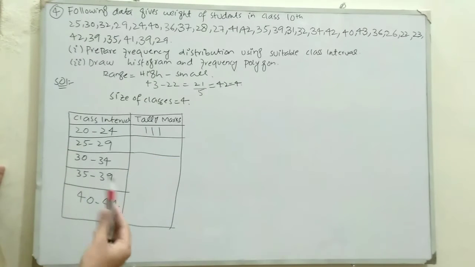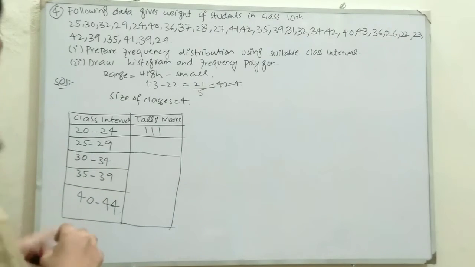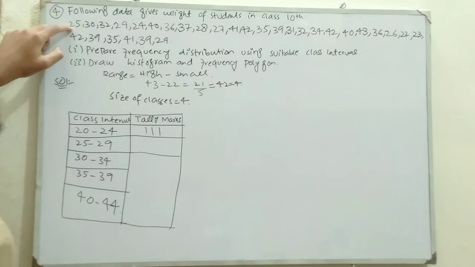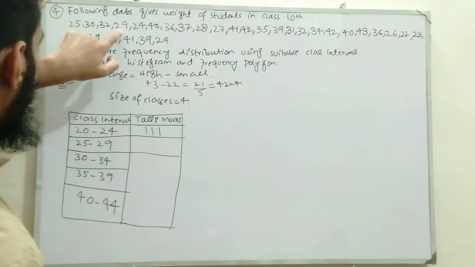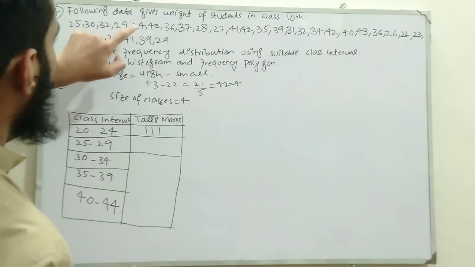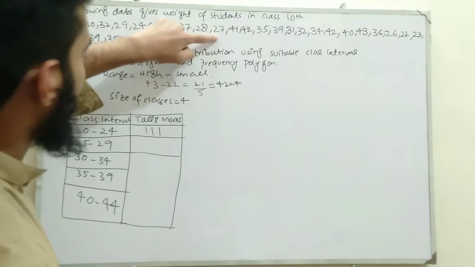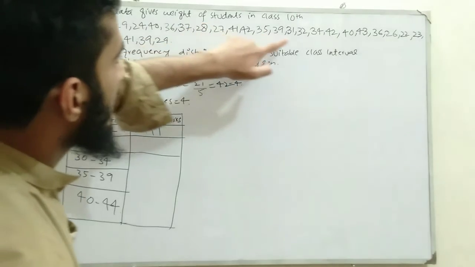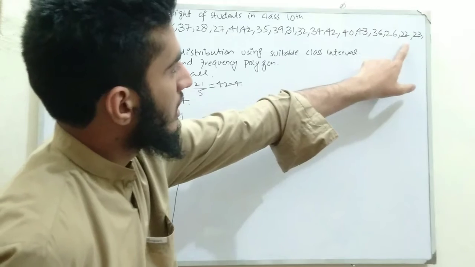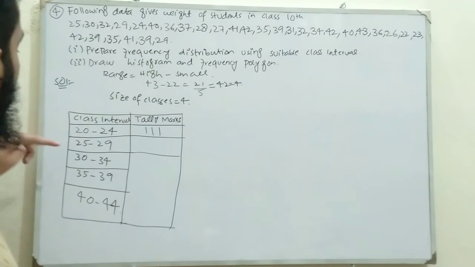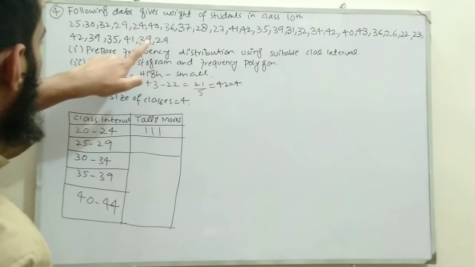After this we will count the numbers in between 25 and 29, that is 25, 26, 27, 28, 29. The first number is 25, then second, third, fourth, fifth, and 29 is the sixth one.